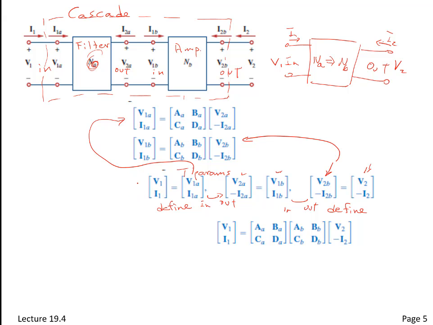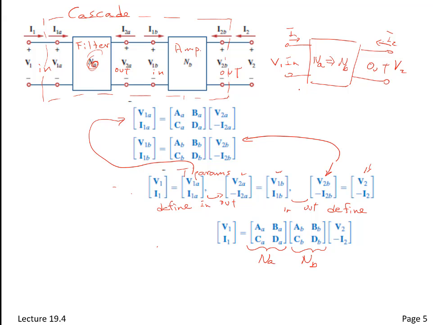I can now treat, look, this actually even looks like network A and network B. Okay? And all this did was give me the confidence that I could write the total up here.